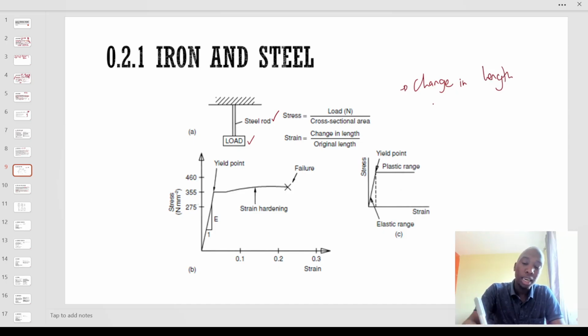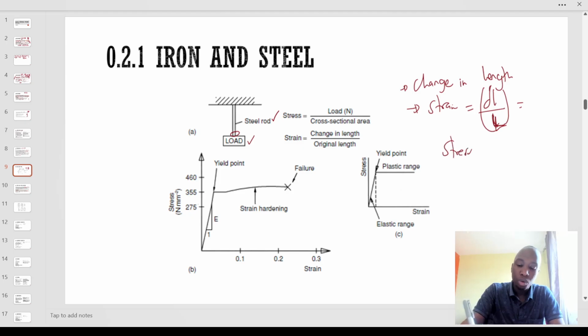That change in length will cause something that is called strain, where strain is the change in length over original length. This is strain. And then we have stress, because this load is acting on a particular area. Stress would be the load in newtons divided by the cross-sectional area.